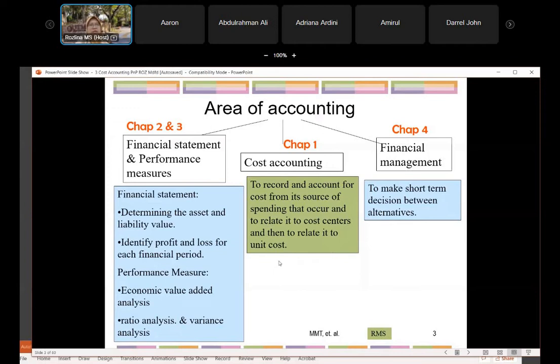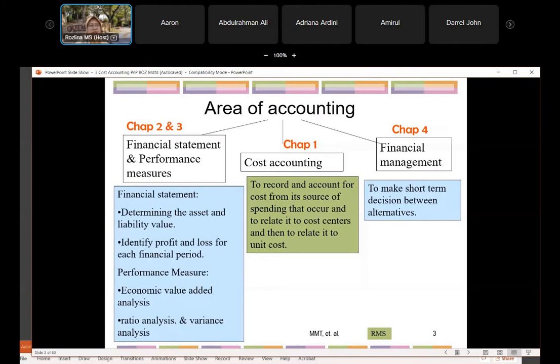That means you have to know how to absorb the cost, because there are a lot of costs involved in the company, but they are not direct cost, like material and man hour cost, which are direct cost.